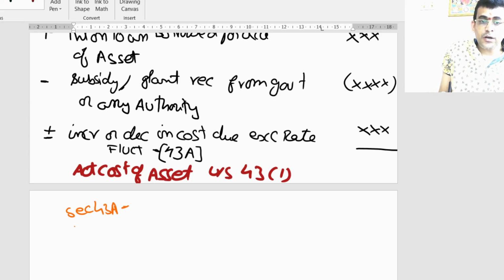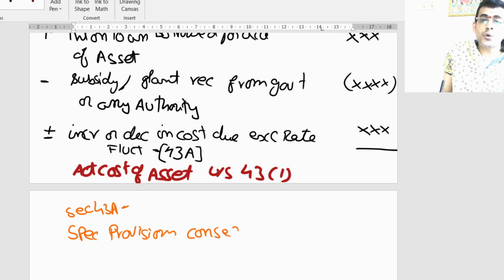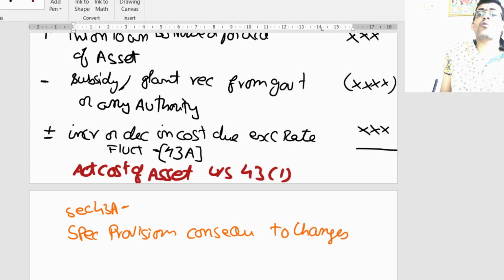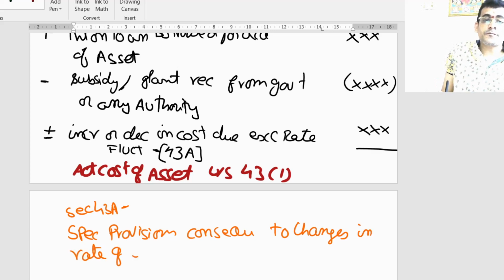So this is special provisions resulting as consequences of any change in the rate of exchange of currency.